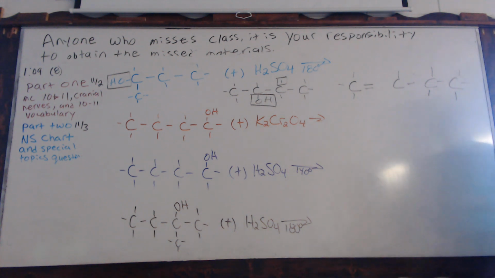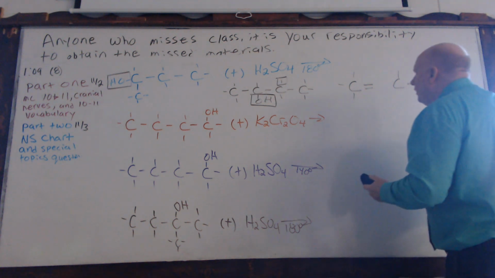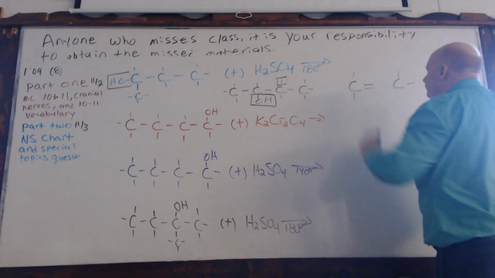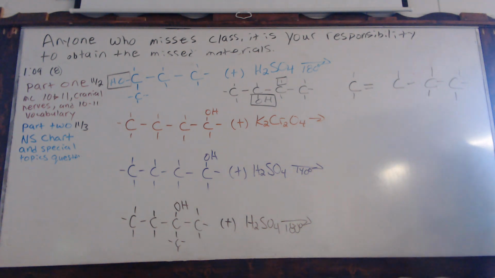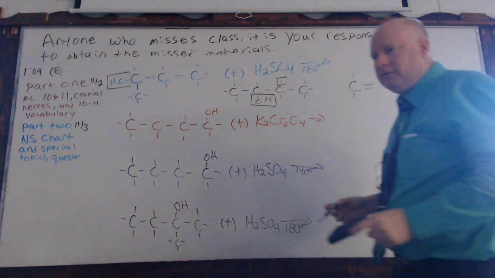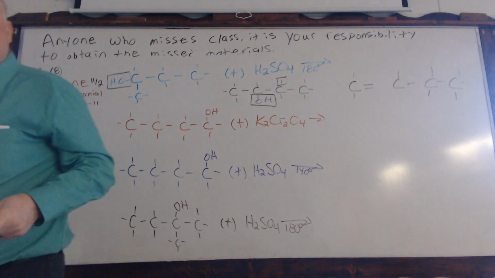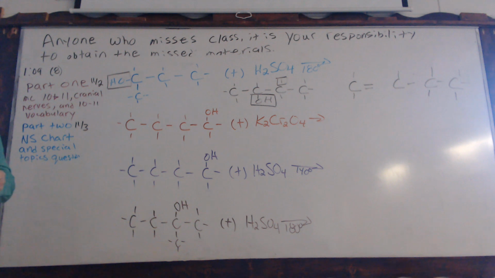And then there's just one slight detail we have to do. Take a hydrogen off the first carbon. There we go. And those would be your two products. You have 1-butene, and then 2-butene would result from 2-butanol when it gets dehydrated.